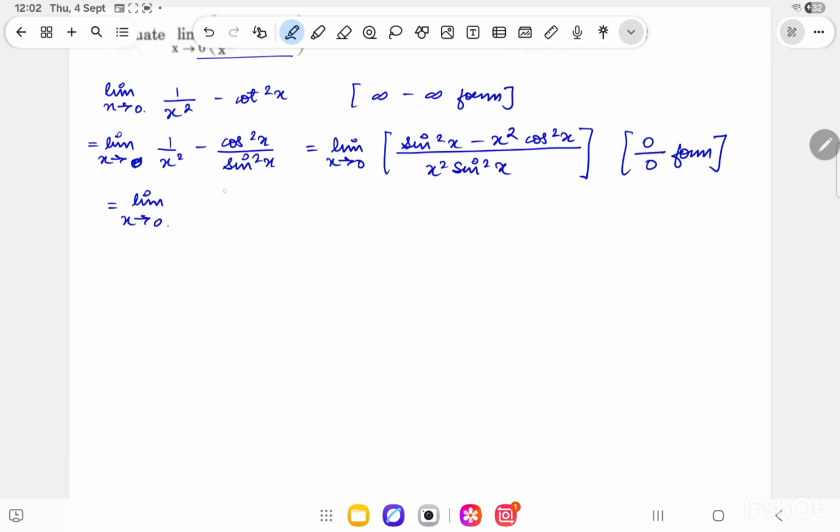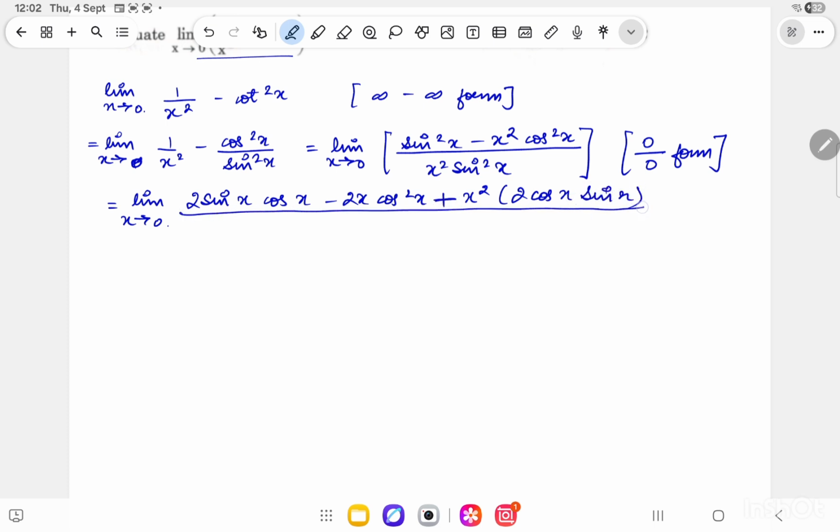If I do so, in the numerator I'll be getting 2 sin x cos x minus 2x cos squared x minus x squared into 2 cos x times minus sin x. By that this will become plus. And in the denominator it will be 2x sin squared x plus x squared into 2 sin x cos x.